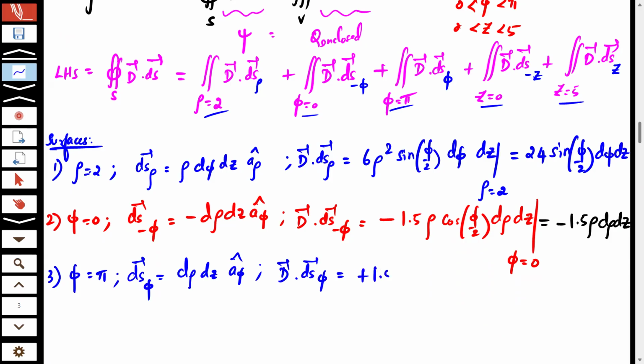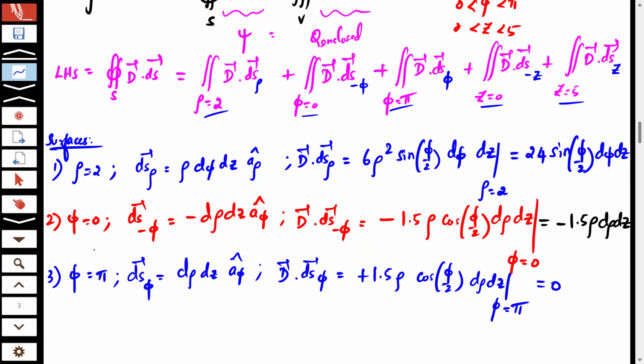You will get plus 1.5 rho cos pi by 2 d rho dz. For this side, we should take phi value as pi. Now, cos of pi by 2 is going to be 0, so this entire D dot dS will become 0 in this case.